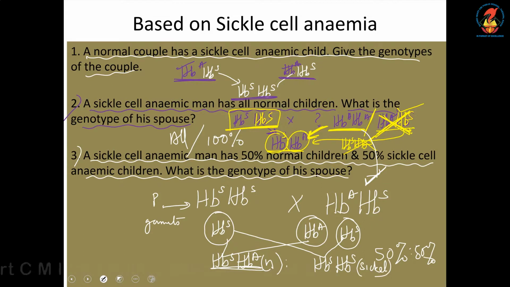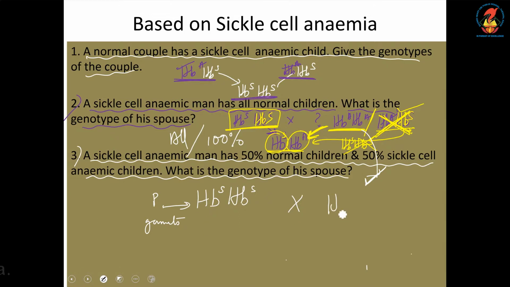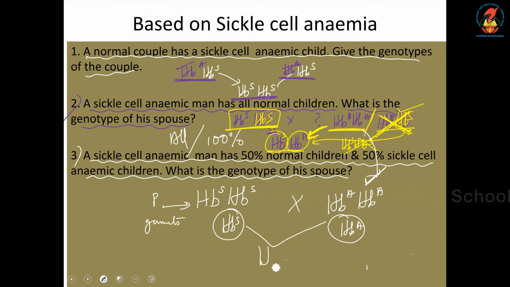So that is because I took this spouse. Clear? But on the other hand, if I would have taken HbA HbA, I am going to work that problem. HbA HbA. So the gametes here are only one type, HbS, and here the gametes are only one type, HbA. And look, the offspring are HbS HbA, indicating that all children are normal.